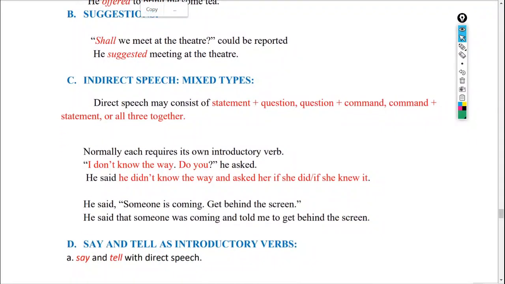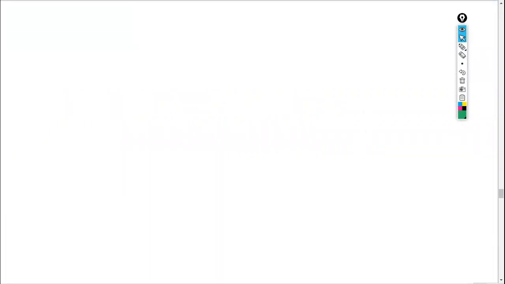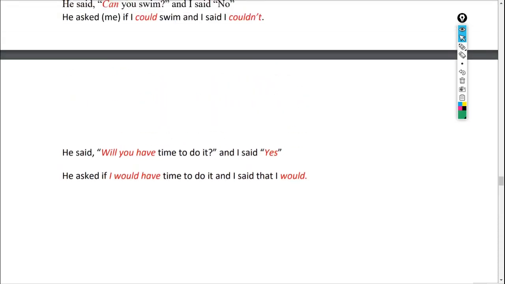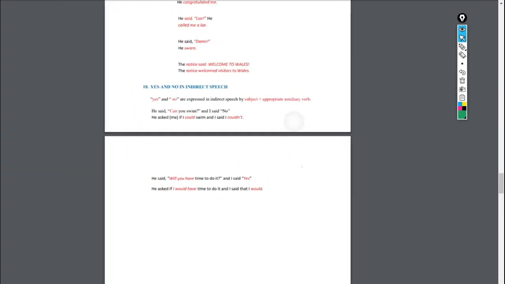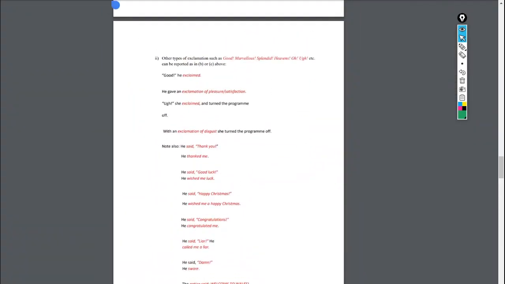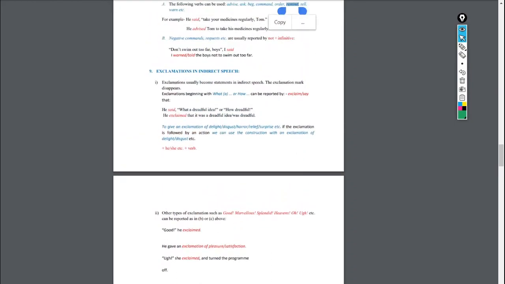As we have discussed earlier, the reporting verb has to be changed on the basis of the sense it implies, and the exclamatory mode will be changed into the assertive mode. Therefore, you should be very alert about that. There will be no exclamation mark after the sentence is transformed.